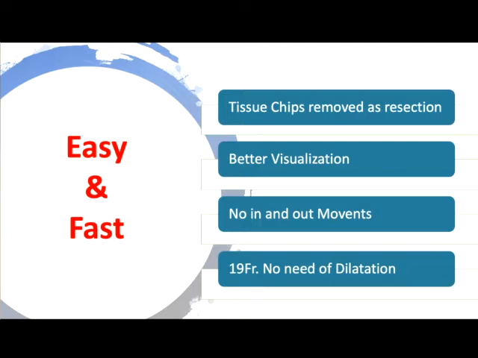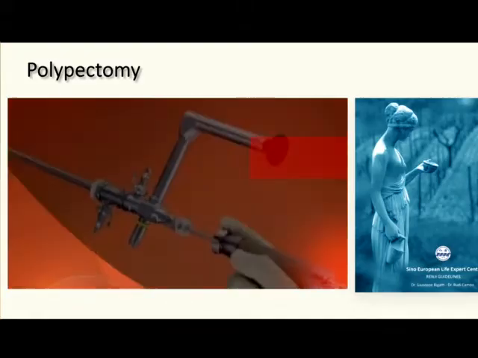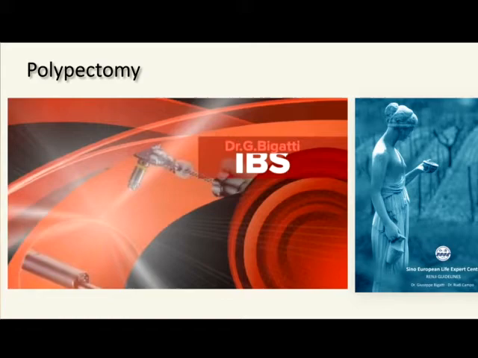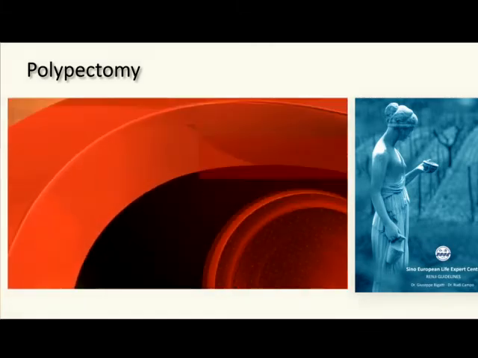Second, when you enter with the shaver, you should not go out until you finish the procedure, so no in and out movements are involved. And in the end, with the development of the 19 French shaver, in the majority of the cases there is no need of dilatation. Let me show you this polypectomy done with the shaver.